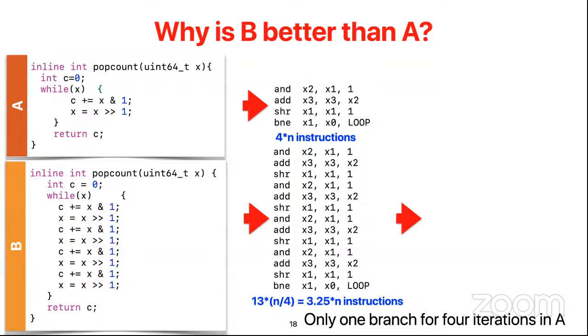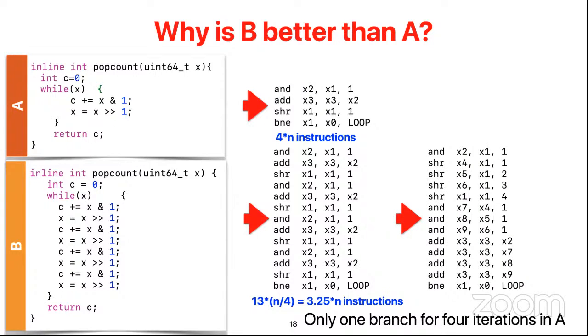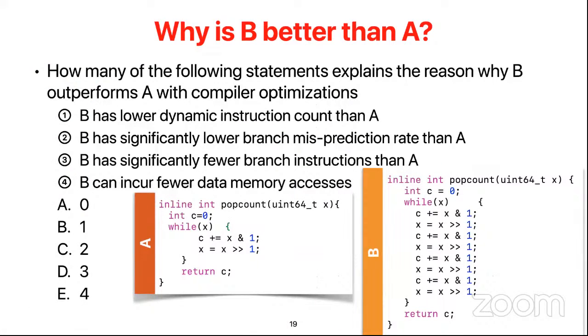And if you have some further optimizations, which you will learn later when we handle data hazards, you will figure out that if we can arrange instructions like this, then we will further reduce the amount of data dependencies. So the performance will be a lot better in this way.